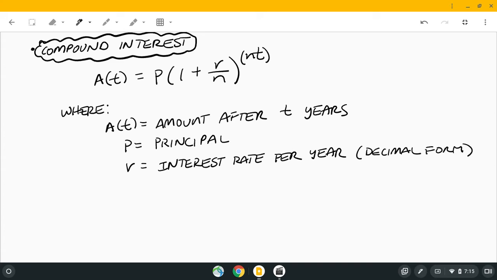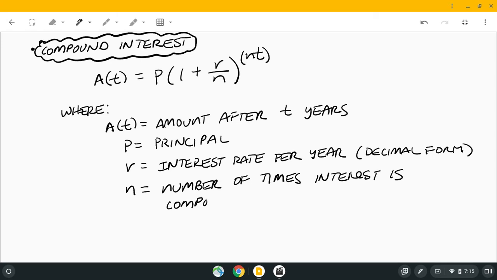N is the number of times interest is compounded per year.